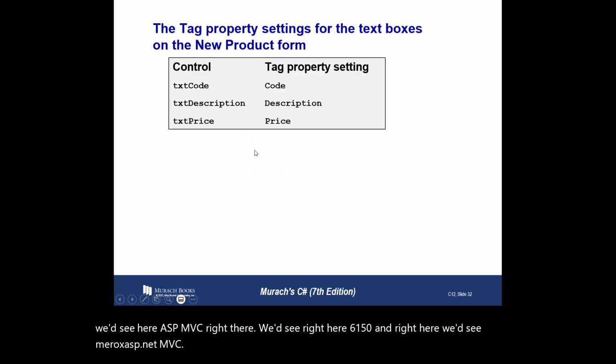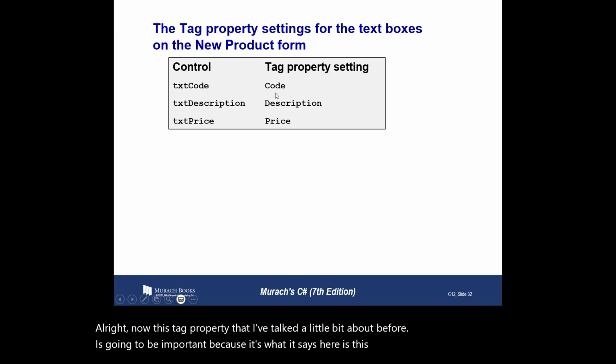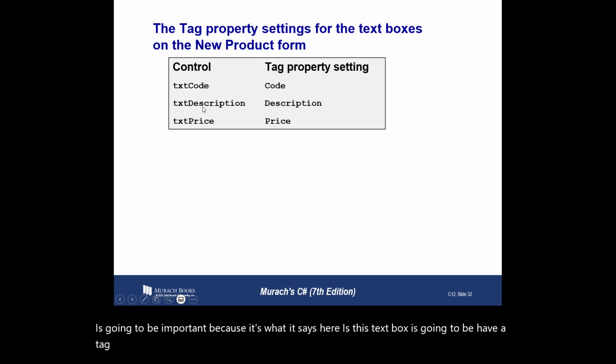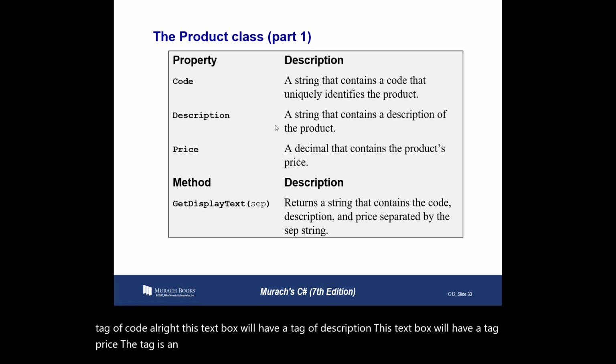Now, this tag property that I've talked a little bit about before is going to be important, because what it says here is this text box is going to have a tag of code. This text box will have a tag of description. This text box will have a tag of price. The tag is an important property. When I say property, it's something in our properties window.